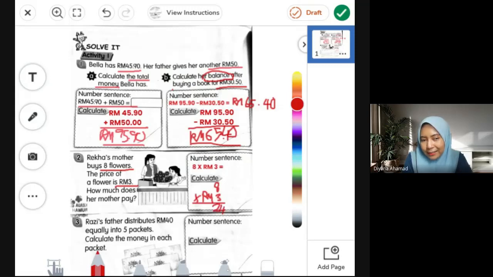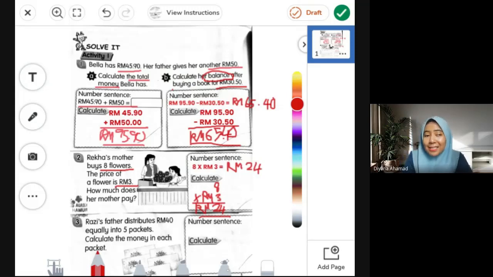Don't forget RM because this is money. Your answer is the total that Rika's mother needs to pay for the 8 flowers: 24 ringgit. Alright, now we go to the last question.